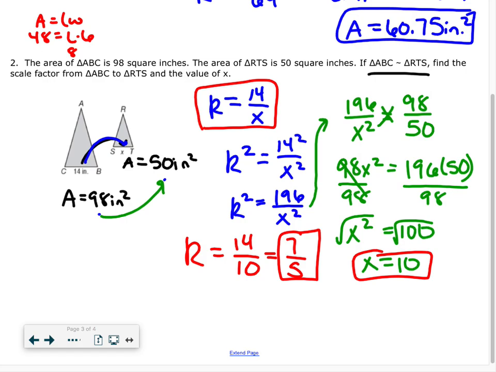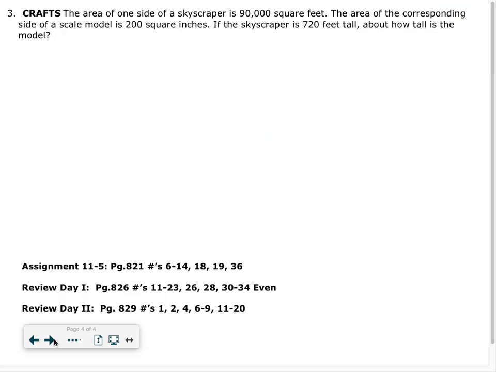Okay. Let's take a look at one more example. The area of one side of a skyscraper is 90,000 square feet. So let's think of what a skyscraper looks like. The side of one is going to be rectangular shaped. So let's draw one skyscraper.